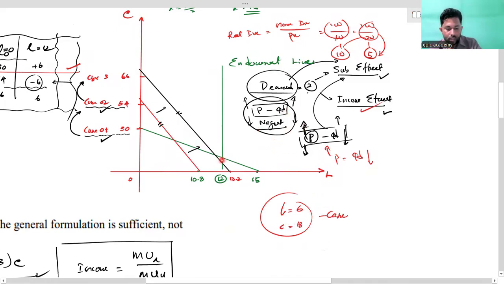In here, this point, C equal to 18, this must be 6. So this is the consumption, and this is the maximum utility.